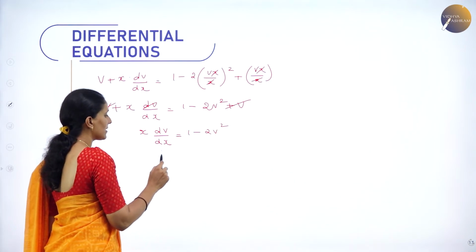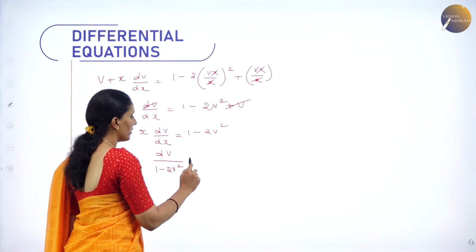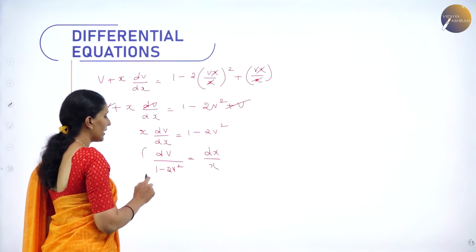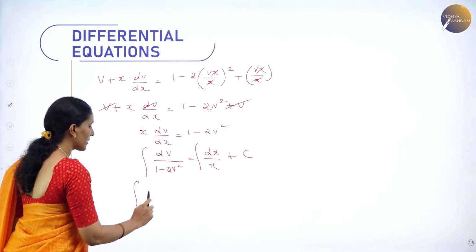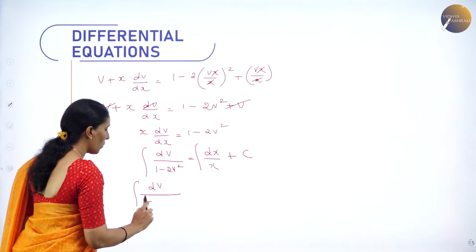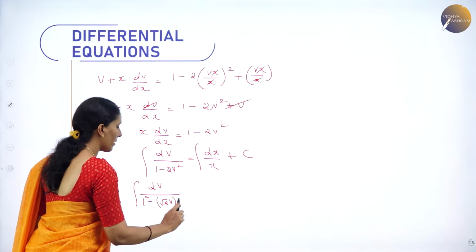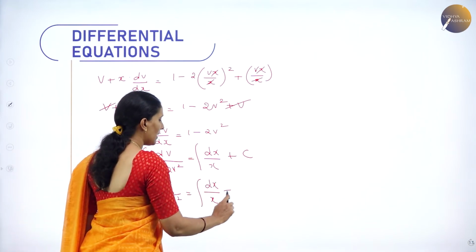Or I can write it as dv divided by 1 minus 2v square is equal to dx by x. Apply the integration on both sides, add integration constant. Here this can be expressed as dv divided by 1 square minus root 2 v whole square is equal to dx by x plus c.